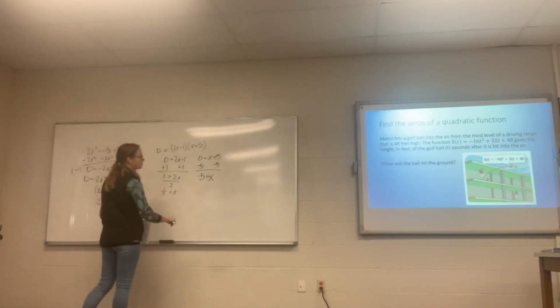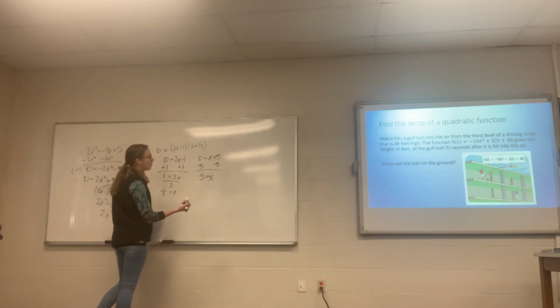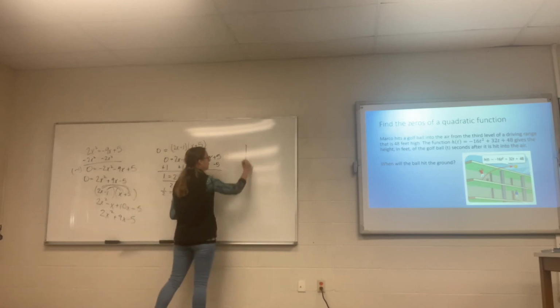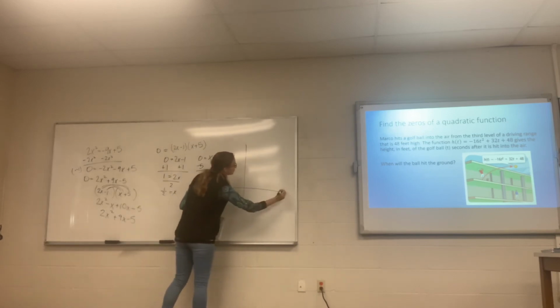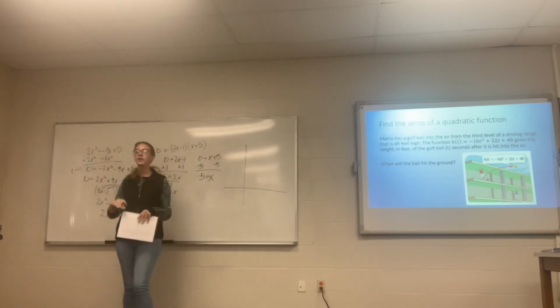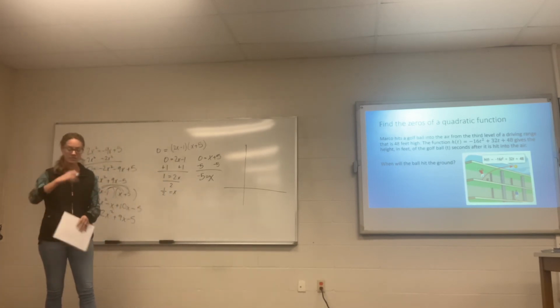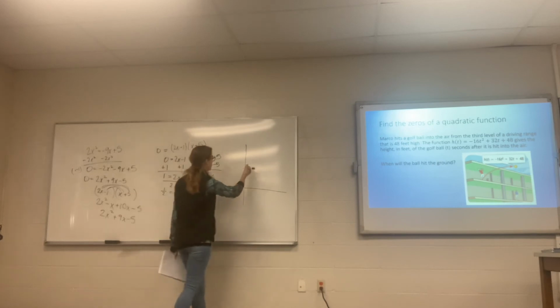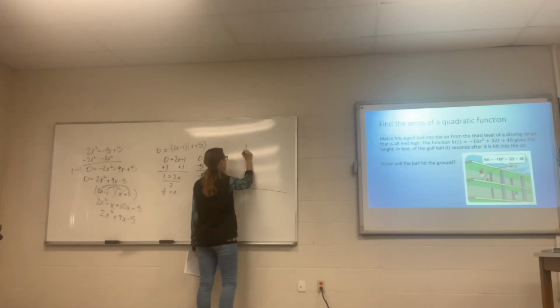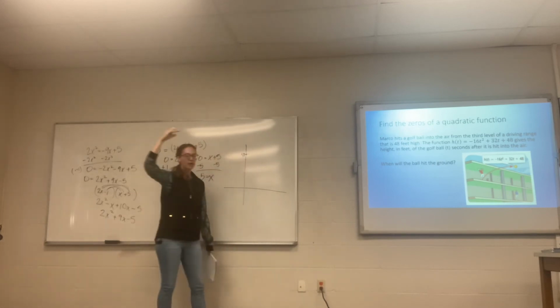To do something like this, I know if I draw myself a graph, here's this guy. We learned in the last section that our y-intercept is always our c value. He hits his golf ball from 48 feet in the air.